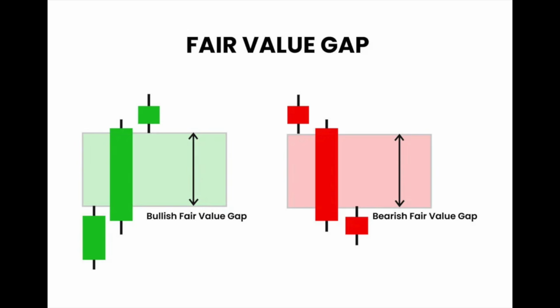A fair value gap exists when the high of one candle and the low of the third candle do not overlap. It leaves a little gap in the price delivery. So in simple terms, the price moved so aggressively that buyers and sellers didn't transact efficiently in that area, which is why we usually call that gap an area of inefficiency.